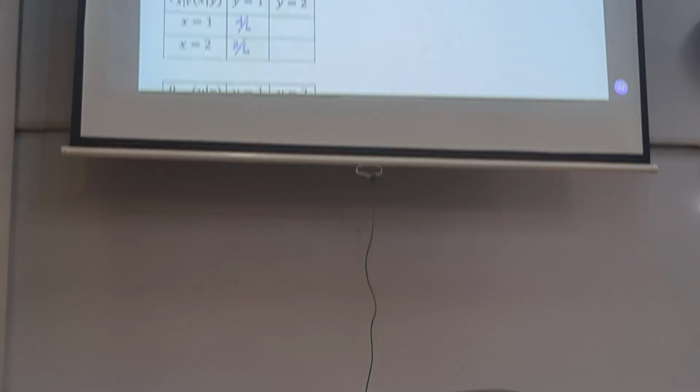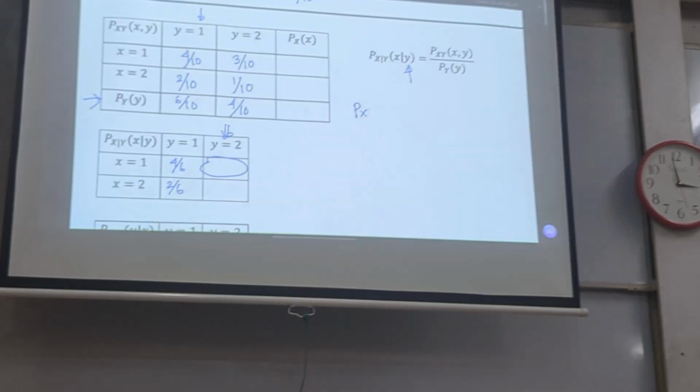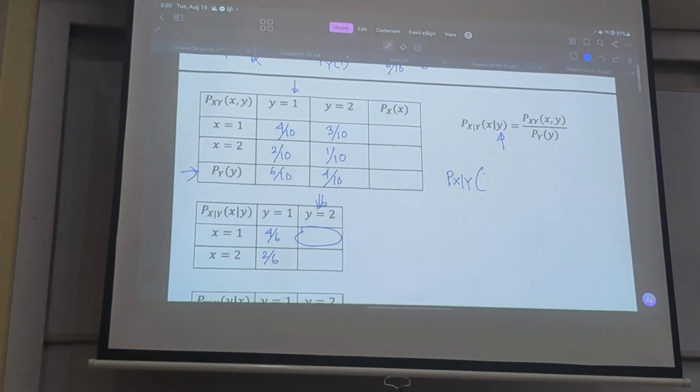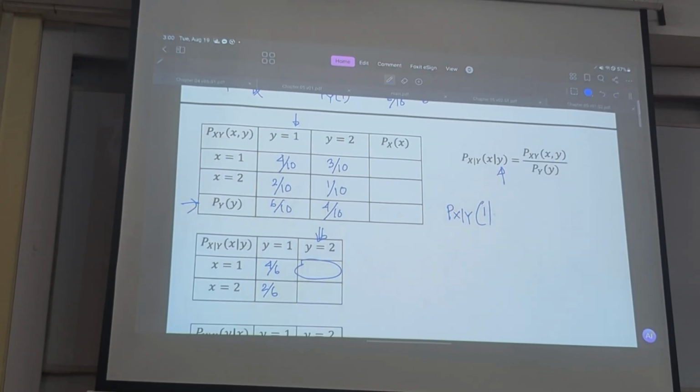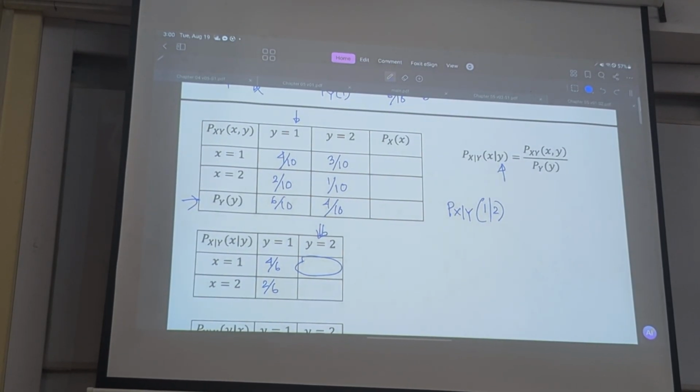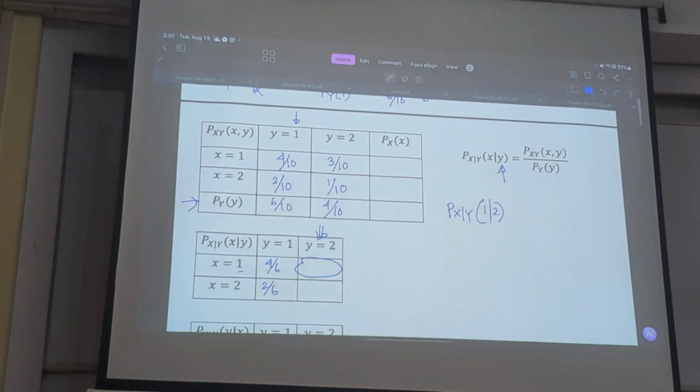Is it possible we can fill up this, the behavior of x given y, for the value x is equal to 1, y is equal to 1? Yes. Here, x is equal to 1 and y is equal to 2. This one is the joint probability of x and y for the value 1, 2 divided by the marginal probability of y for the value 2.